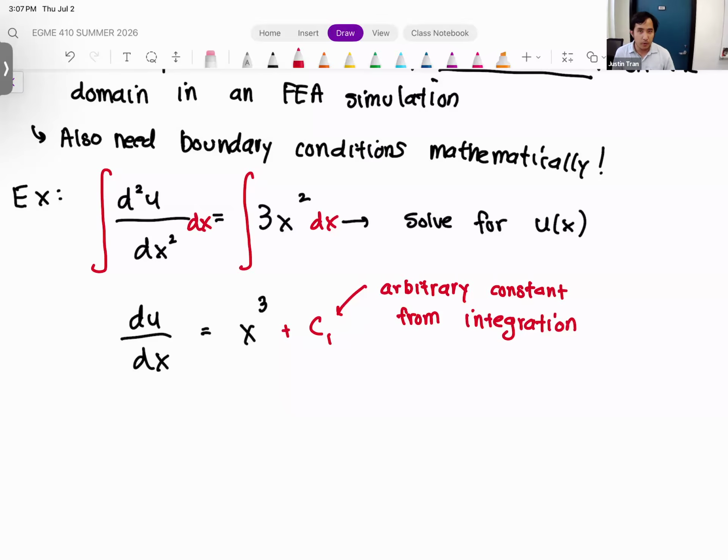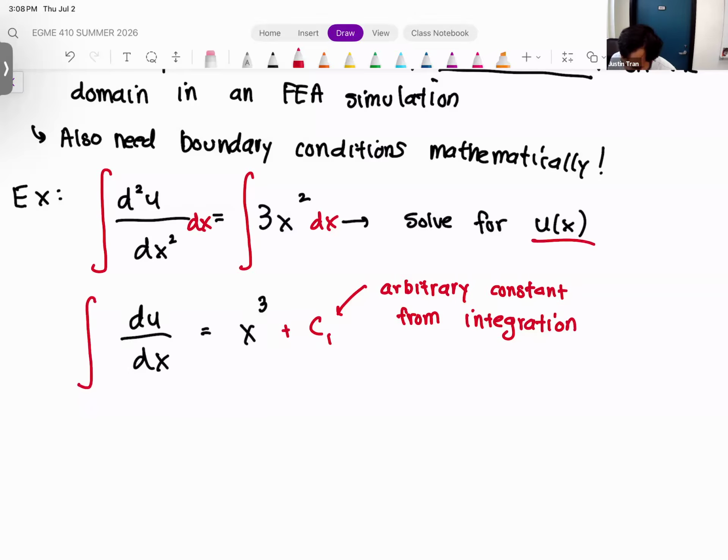Anytime you perform an indefinite integral, it's not complete until you add that arbitrary constant. It's there because the derivative of a constant is just 0. If we were to take the derivative of both sides with respect to x to return to the original equation, that C1 term would go away. All right, so let's integrate this one more time.